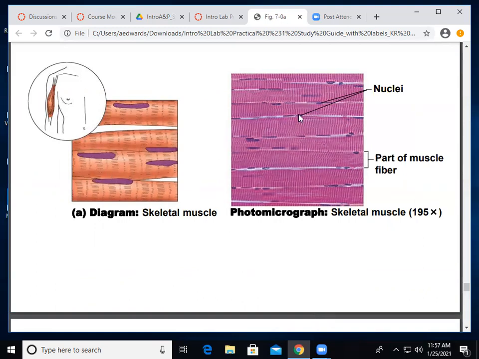These little purple things in here, those are the nuclei of the cells. Skeletal muscle, multiple nuclei per cell.